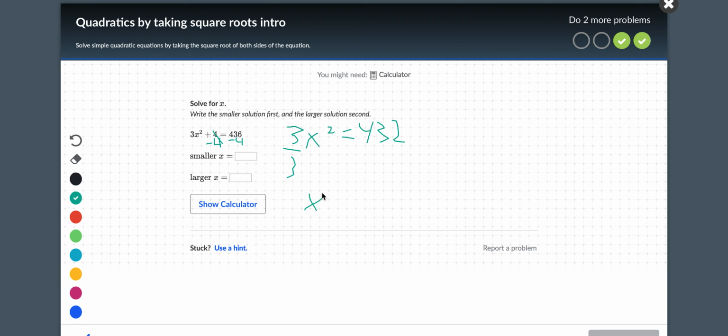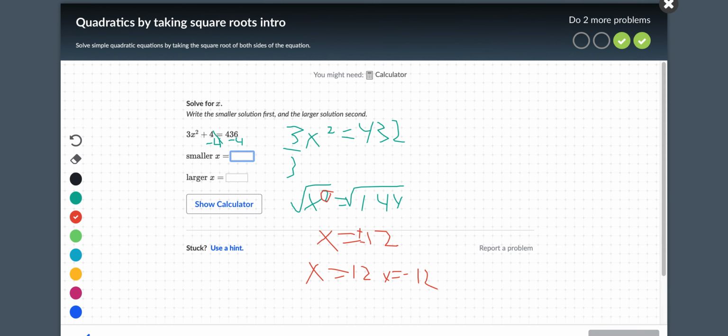So x squared equals 144. So now we square root both sides to get rid of the square sign. So now we have x equals plus or minus 12, which means x could equal positive 12 or x could equal negative 12. And that is what we're going to plug in.